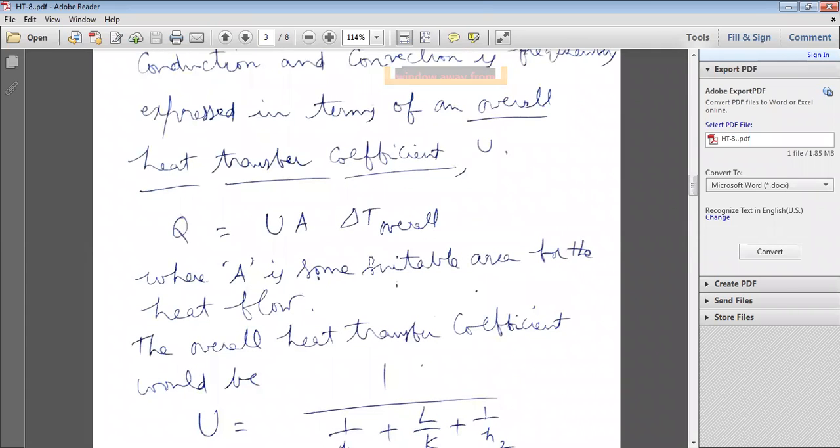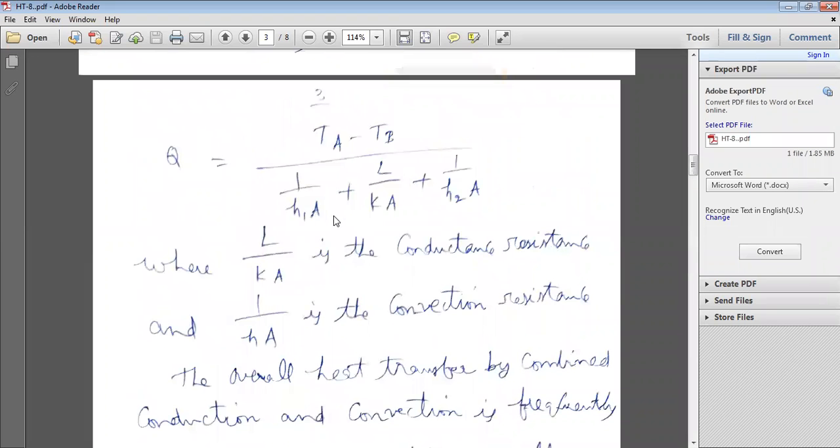If you take the area out on top, you can take 1 by A common, and Q equals A into U into (TA minus TB), where U is 1 divided by (1 by H1 plus L by K plus 1 by H2).